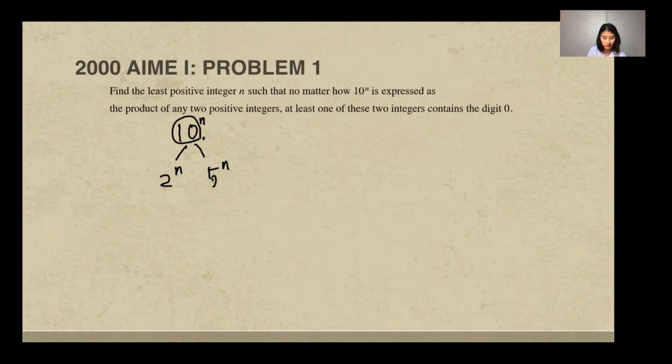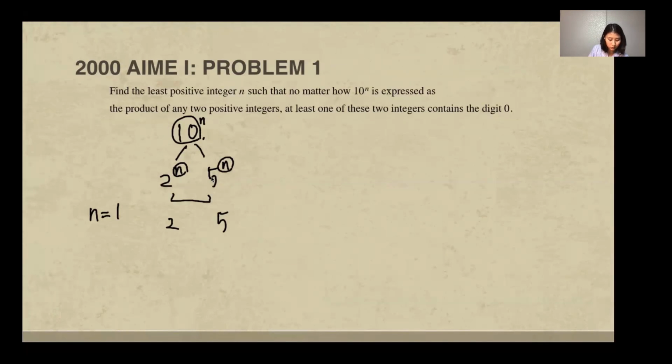So all we need to do is find the value of n for which one of these numbers contains the digit 0. So we're going to start with n equals 1 and go down the numbers. So for n equals 1, it's pretty obvious: 2 to the power of n is 2, and 5 to the power of n is 5.